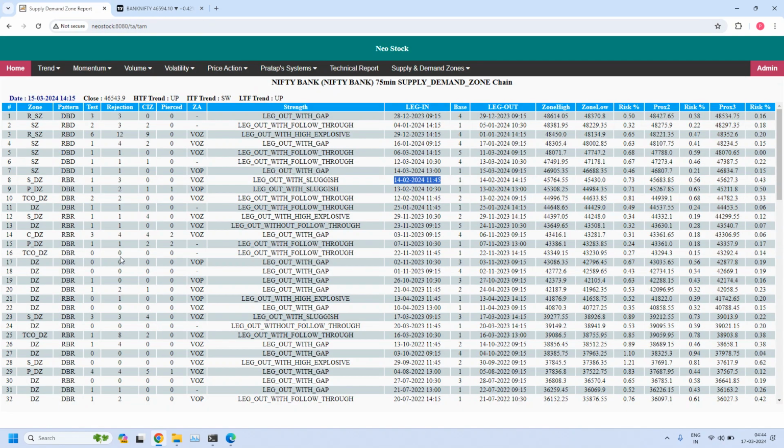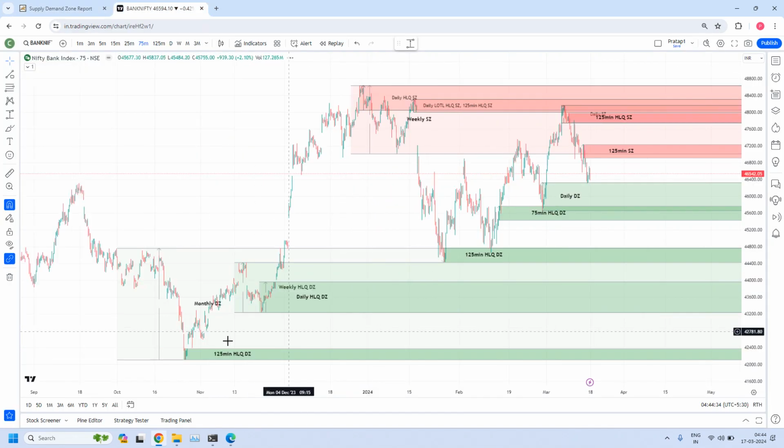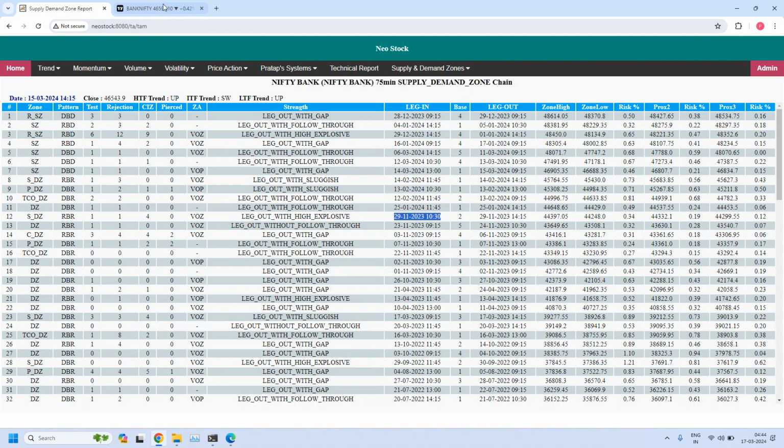Okay, any more high liquidity 75 minutes demand zone? The next one. We have one more high liquidity demand zone, that is the 12th one. This is on 29th, 11th, 10:30, two base candles. Is this the area? This is 29.11.